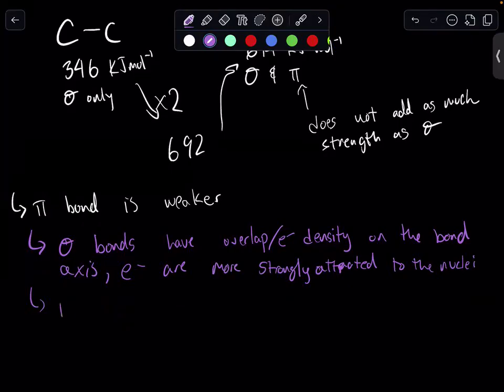So we can also refer to it in terms of pi bonds. The pi bonds have electron density off the internuclear axis.